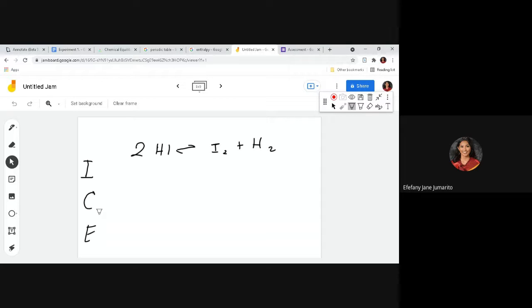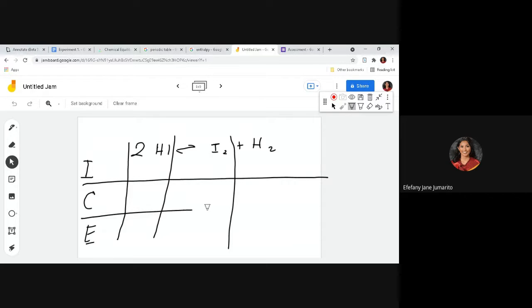I is for initial concentration, then we have the change, and then we have the equilibrium concentration. So that is ICE table.